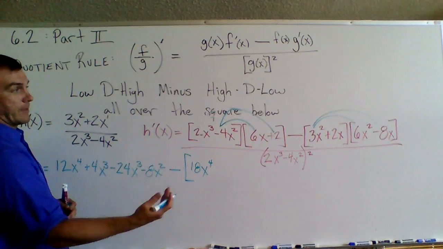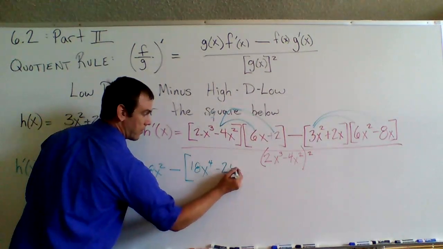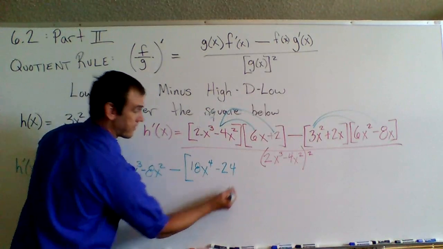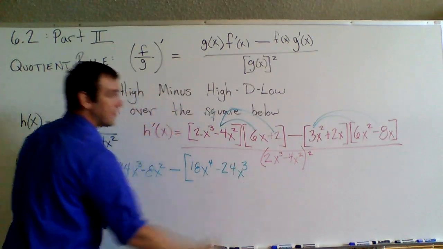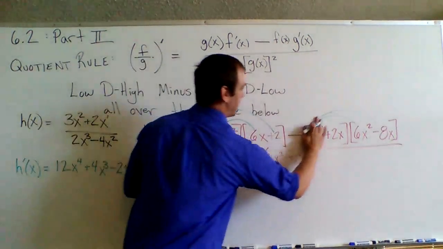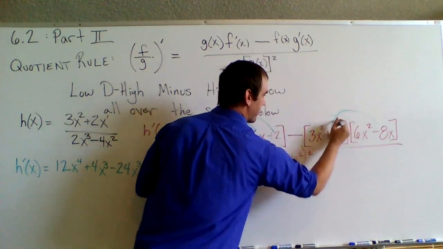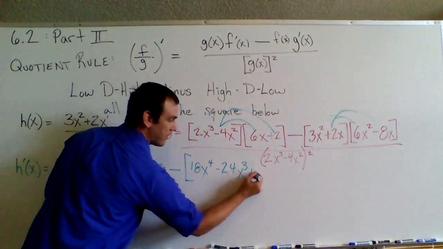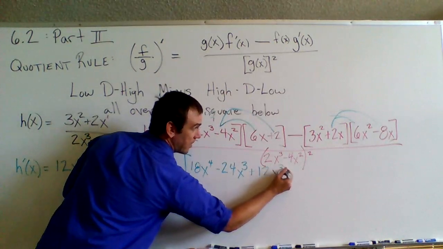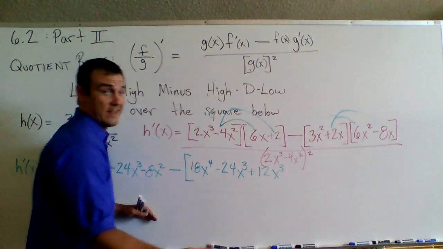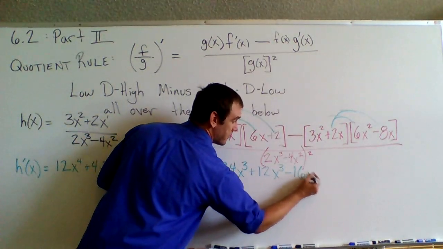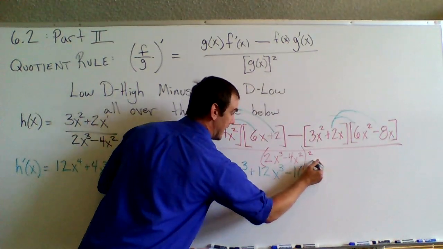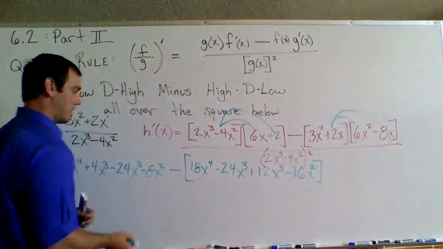And then 3 times negative 8 is going to give me negative 24x to the third. Looks good. Distribute this. 2x, I get 12x to the third minus 16x squared. I'm going to end my brackets.